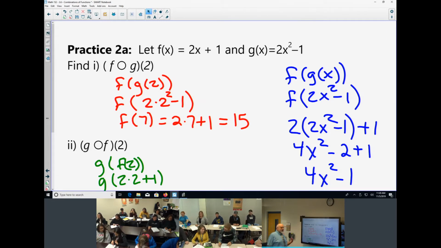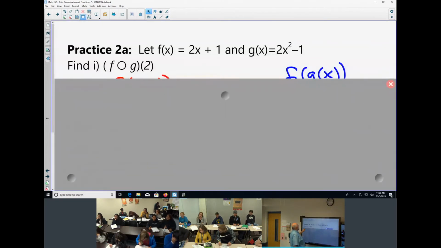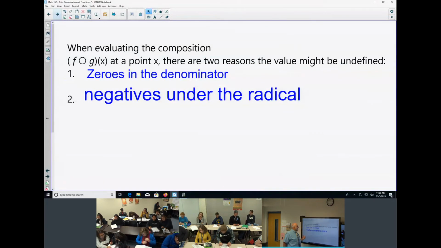So the order again matters. You got to make sure you're plugging into the right function first. Okay. All right. Any other questions on that? Okay, so when evaluating the composition f of g at a point x, there are two reasons the value might be undefined.